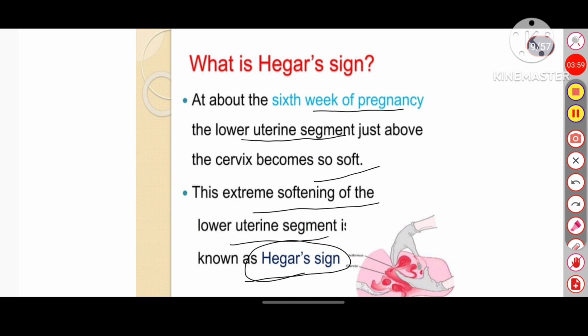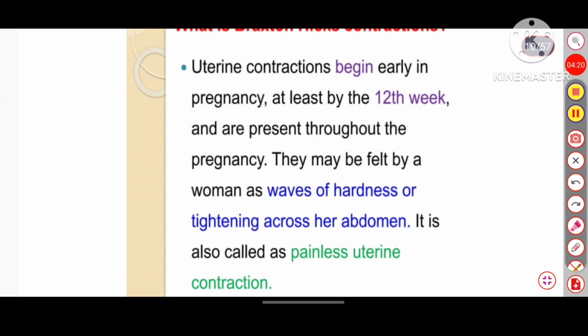So what is Hegar sign? It is the extreme softening of the lower uterine segment during the 6th week of pregnancy. This may also be asked as a 2 marks question, like what is Hegar sign, or they may just ask for Hegar sign.